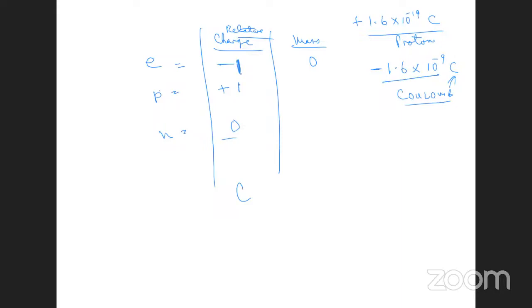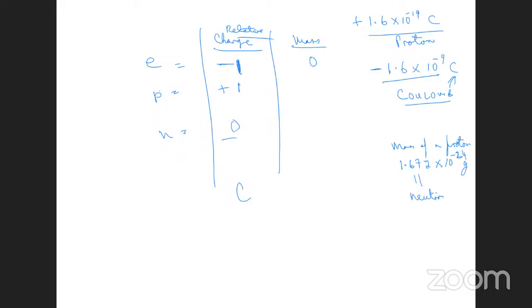When it comes to mass, actual mass is given in kilograms, but in this case, I'll give you in grams. So the mass of a proton is 1.67 times 10 to the power -24 grams. Neutron also has about the same mass.